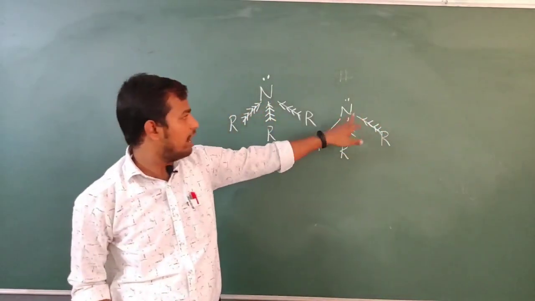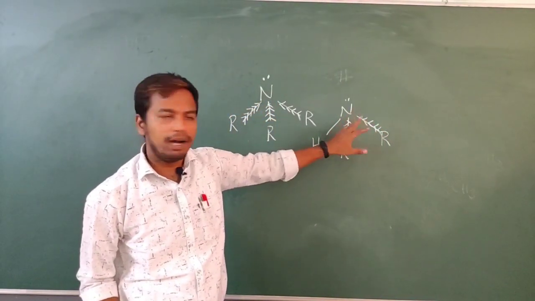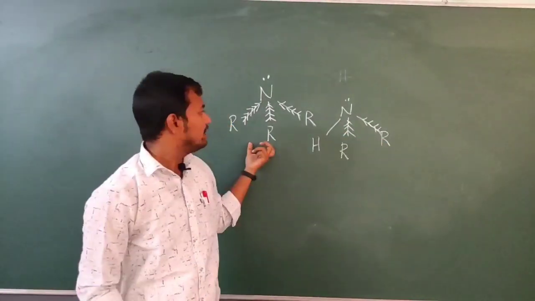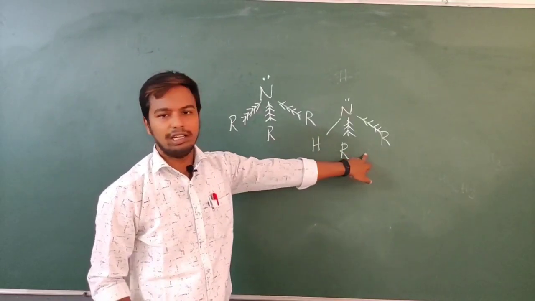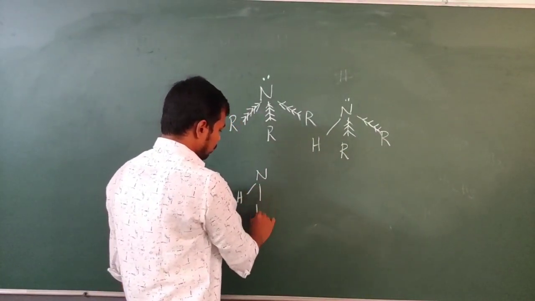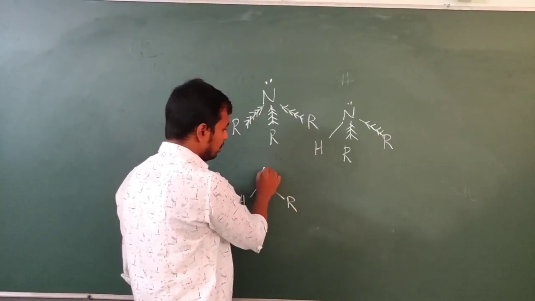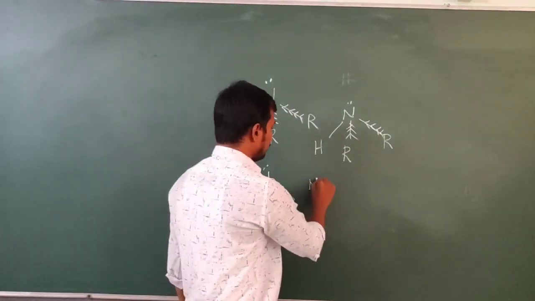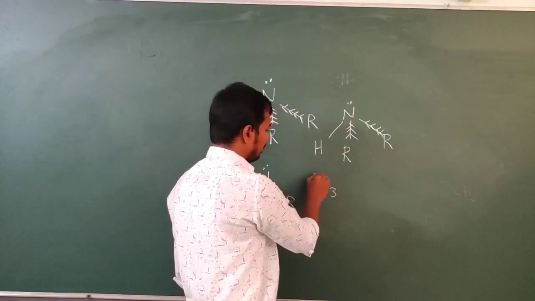That amine molecule will show basicity, but when compared to this, the basicity will decrease. Why? Because here three alkyl groups are donating, next here two alkyl groups. If we take this species, only one alkyl group will be contributing to basicity. Next we move on to ammonia.